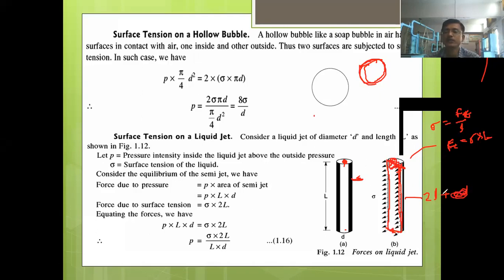So it will be only 2L. So here this surface tension force Ft can be represented as sigma into 2L. L is nothing but the length, or the height of this particular cylinder.